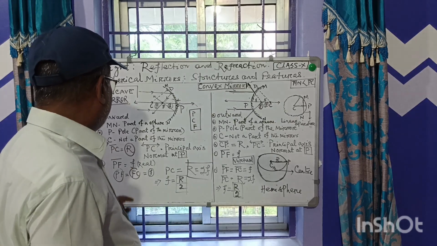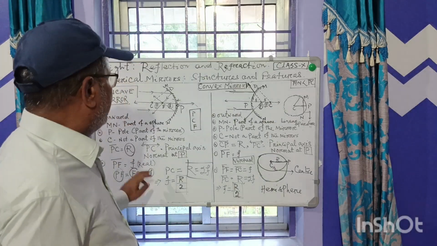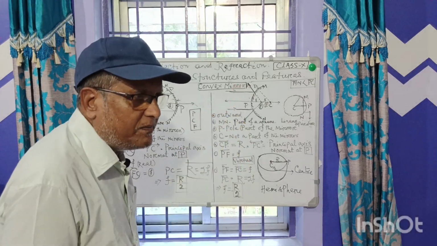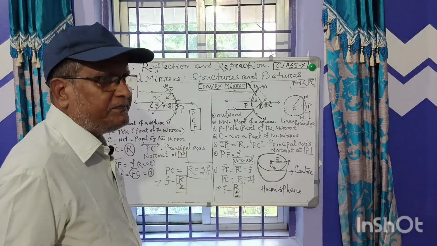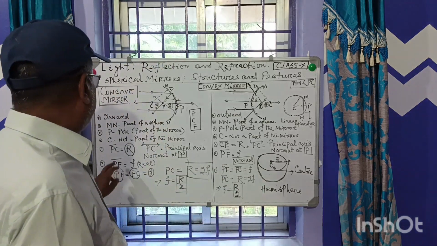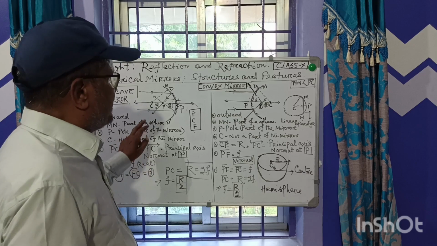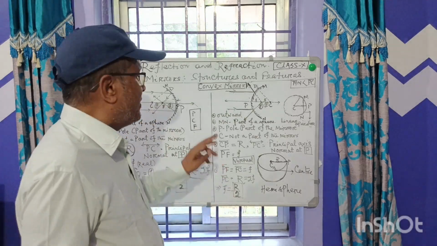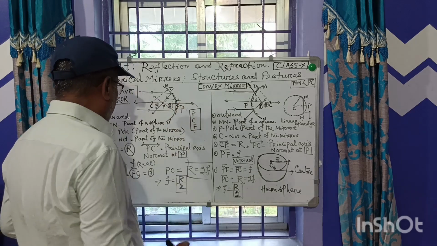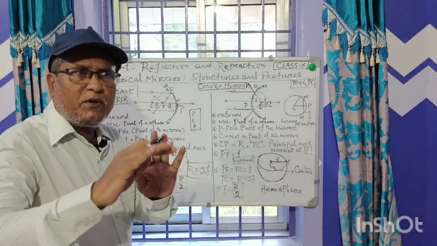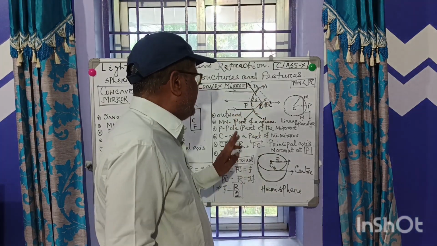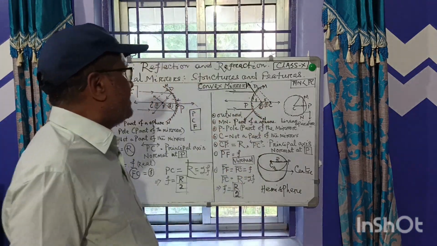PC is denoted by the symbol capital R, that is, radius of curvature. C is the center, denoted by capital C. C is not a part of the mirror, but P is a part of the mirror. So let us join PC. So PC is equal to the radius of curvature.